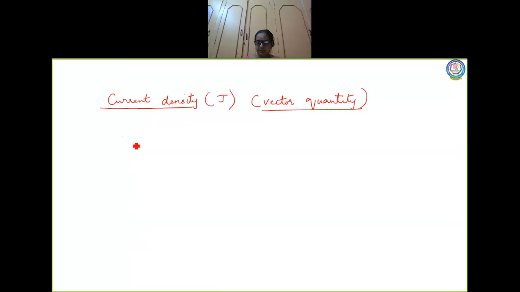It is defined as current per unit area of cross section. The current per unit area of cross section is what you call current density. I will write the formula for current density as J is equal to I by A.